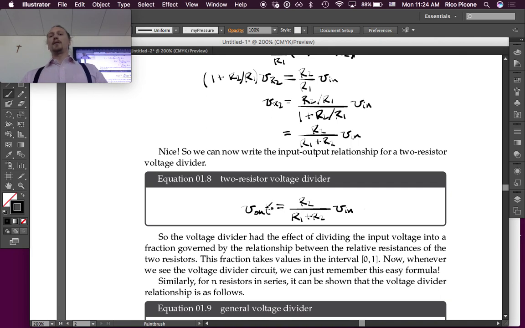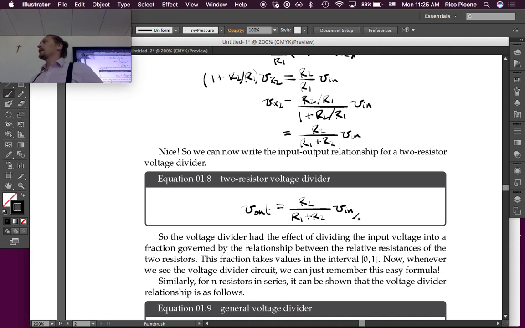So the output voltage will be the same as the input. If, on the other hand, R1 dominates and R2 is relatively small, then this fraction is closer to 0, approaches 0 in the limit, and we have 0 output voltage. So you pretty much are given a knob by choosing your 2 resistances for how much voltage is going to come out.